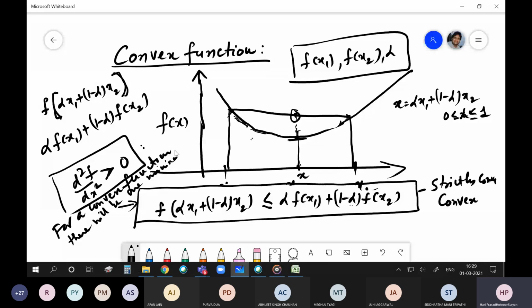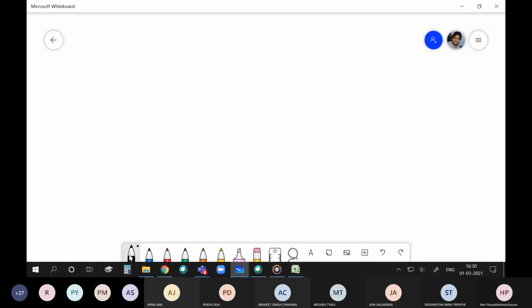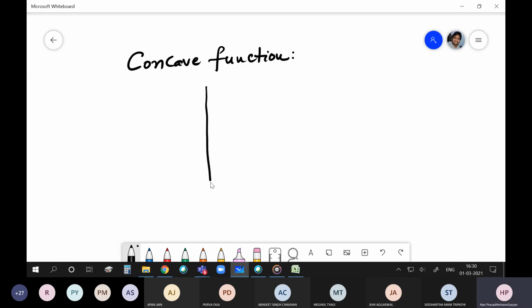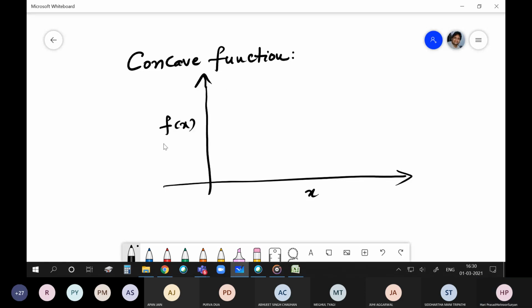Similarly, we also have for maximization the concave function. What is a concave function? If I have a function f of x defined in the range x1 and x2, let us say it is like this.